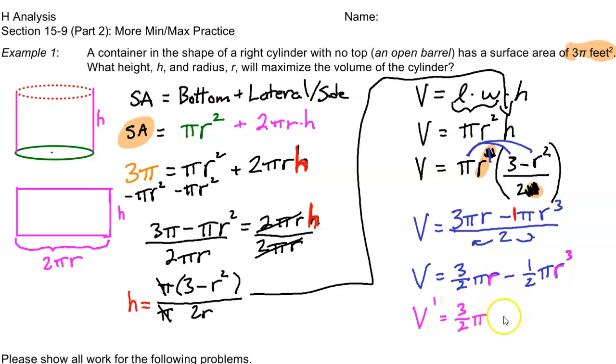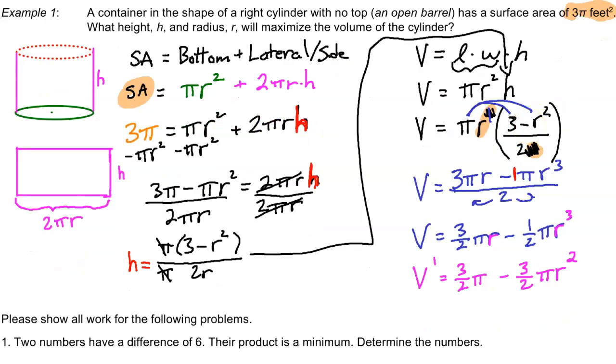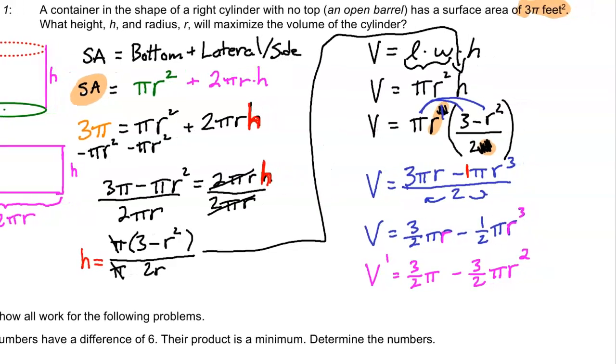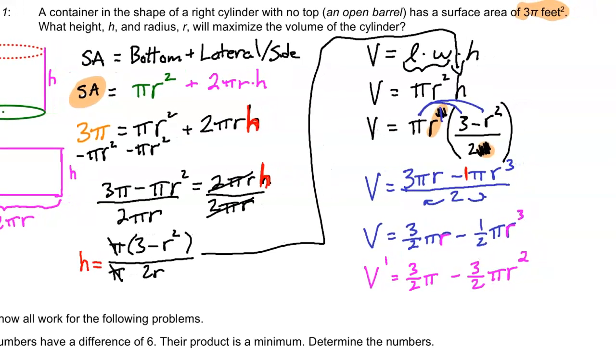The r drops off, of course. And then I'll do 3 times the negative 1/2, which gives me negative 3/2 pi r to the second. Drop it down by 1 degree.